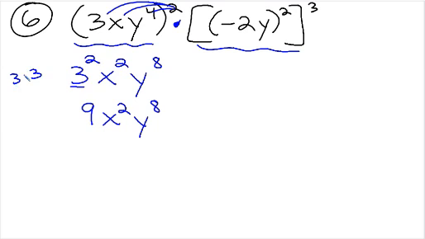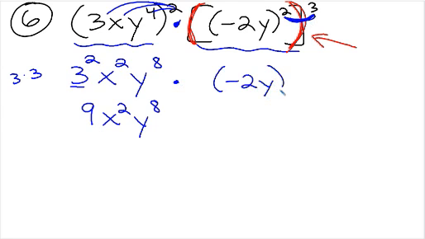Now, on this thing over here, this bracket, you can really just think of as another parenthesis. Okay? Don't let that worry you too much. So the first thing I have is a power to a power right here. So that's 2 times 3. So this will now be negative 2y to the 6th. Just take one piece at a time. Work slowly on these problems.